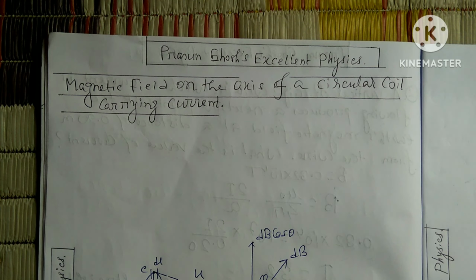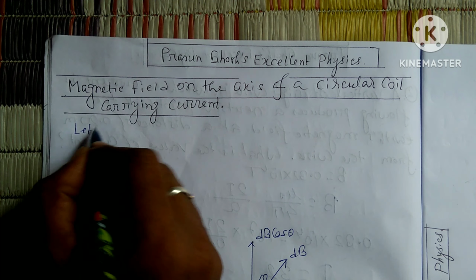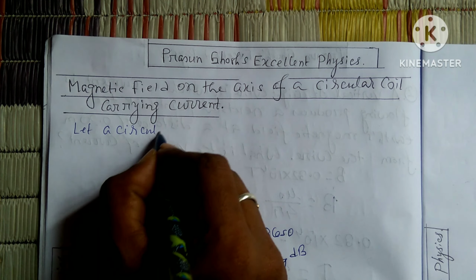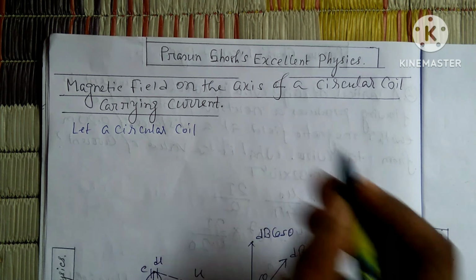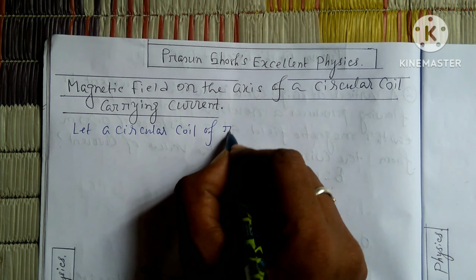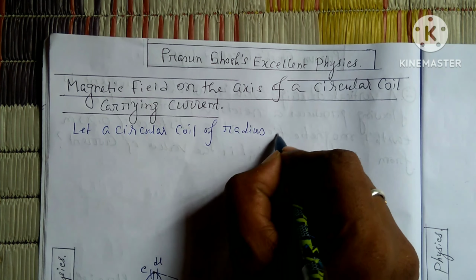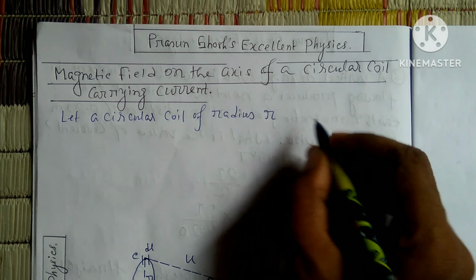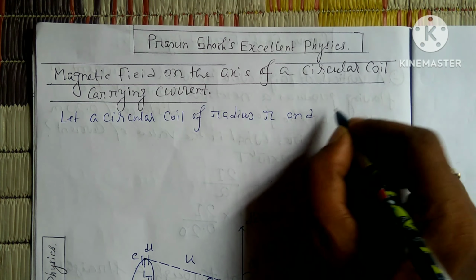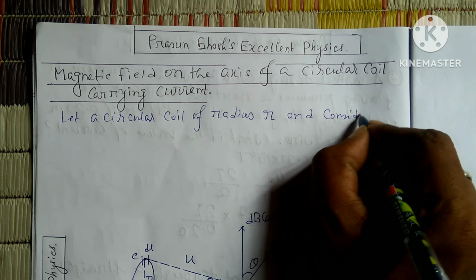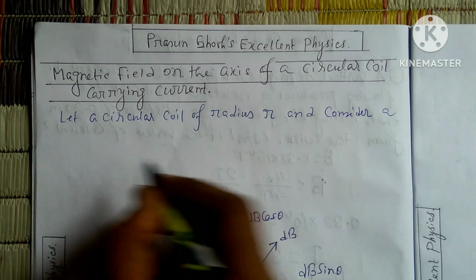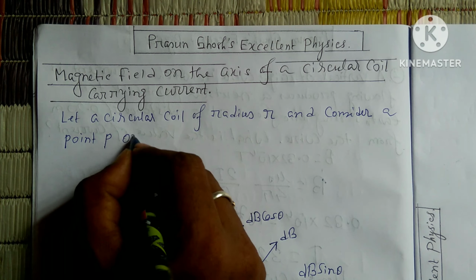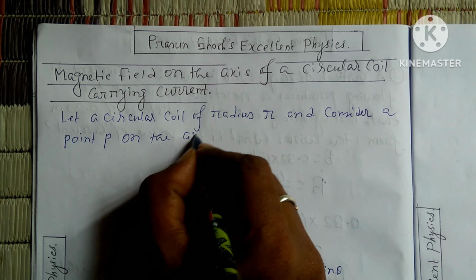So let a circular coil of radius r, and consider a point P on the axis.